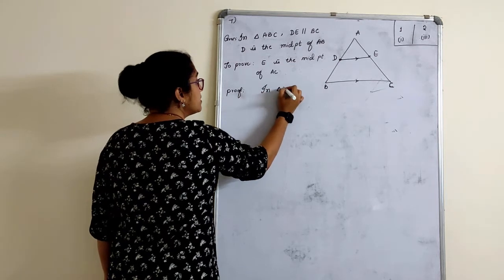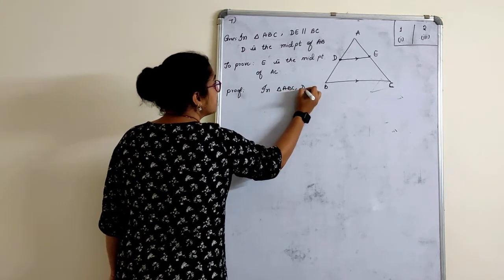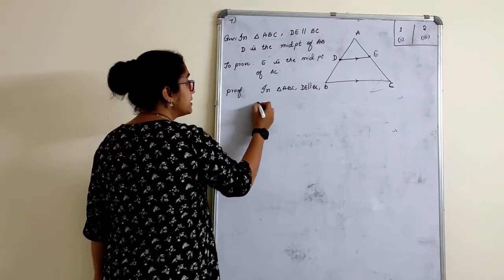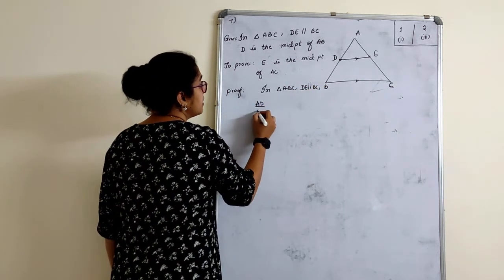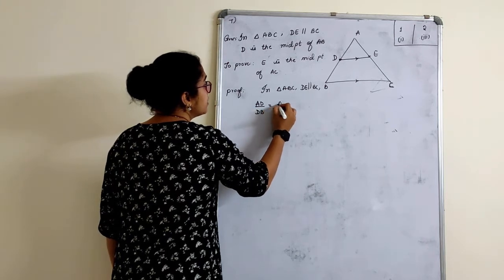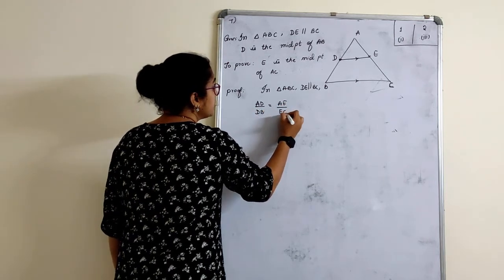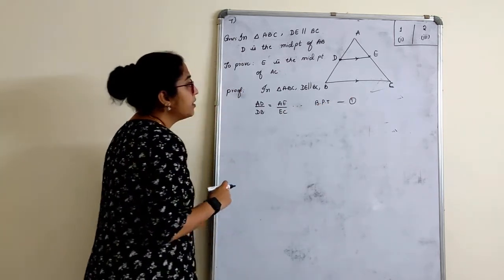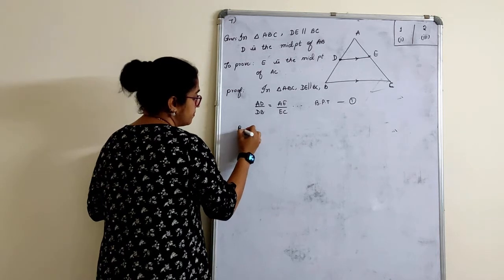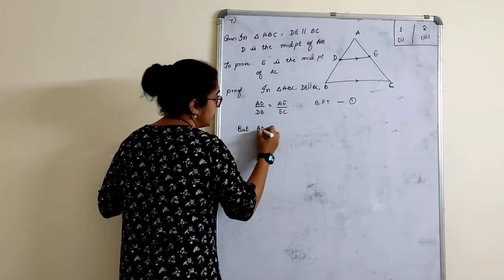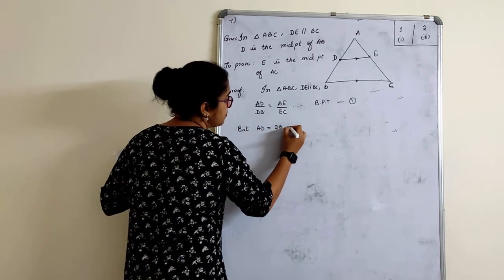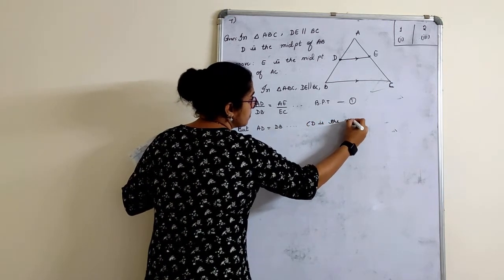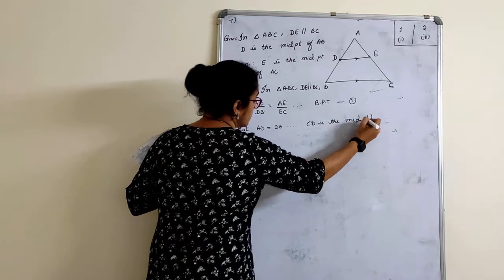Proof. Let us use BPT. In triangle ABC, DE parallel to BC. So if DE is parallel to BC, AD upon DB is equal to AE upon EC. Reason BPT, equation 1. But AD is equal to DB. Reason: D is the midpoint. Right?